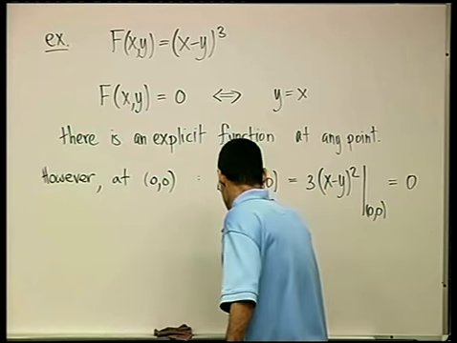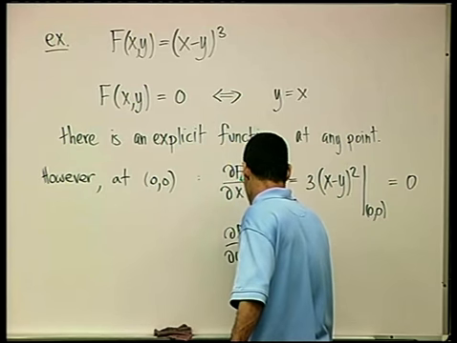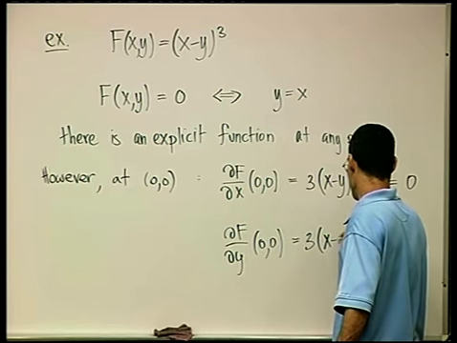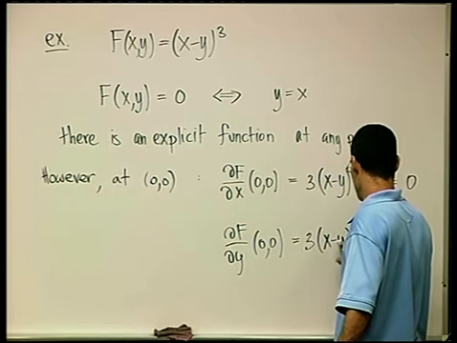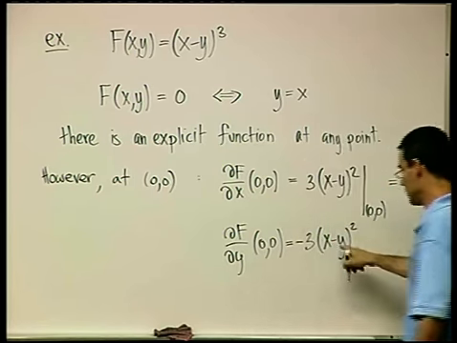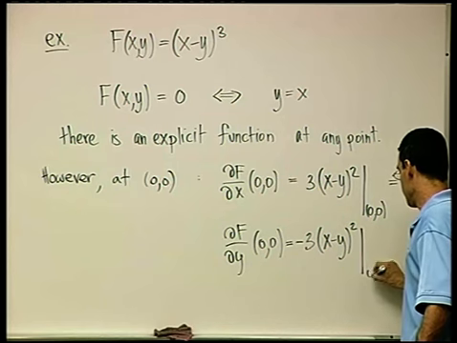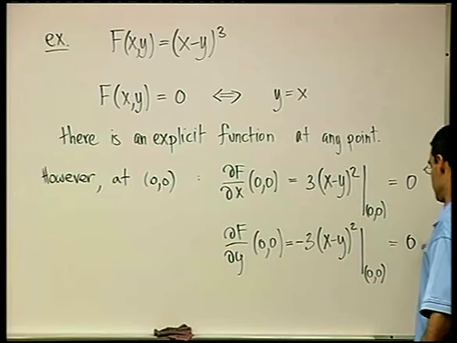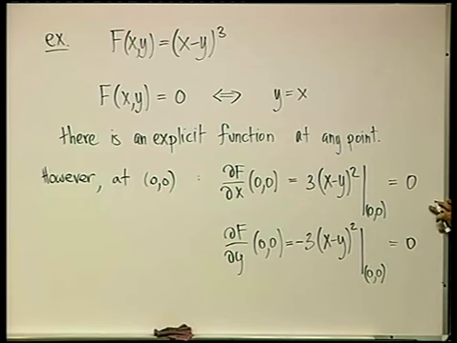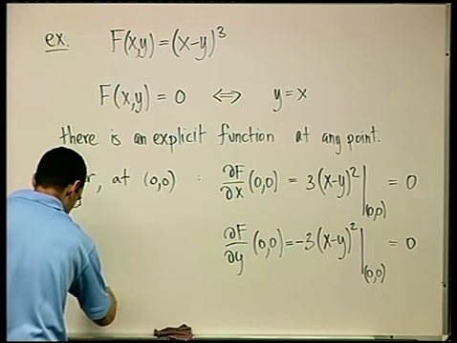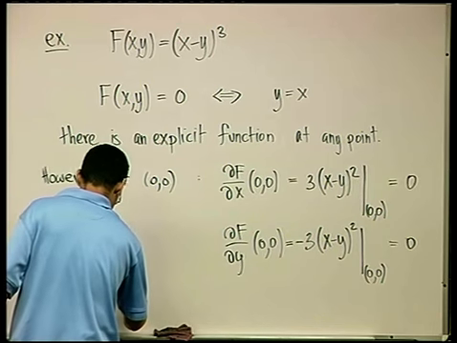And similarly, for the other variable, df/dy at 0, 0 is again 3 times x minus y squared. Well, actually now there's an inner derivative, which is minus 1, so there's going to be a negative sign here. But again, it's 0. Okay? So the theorem fails again.